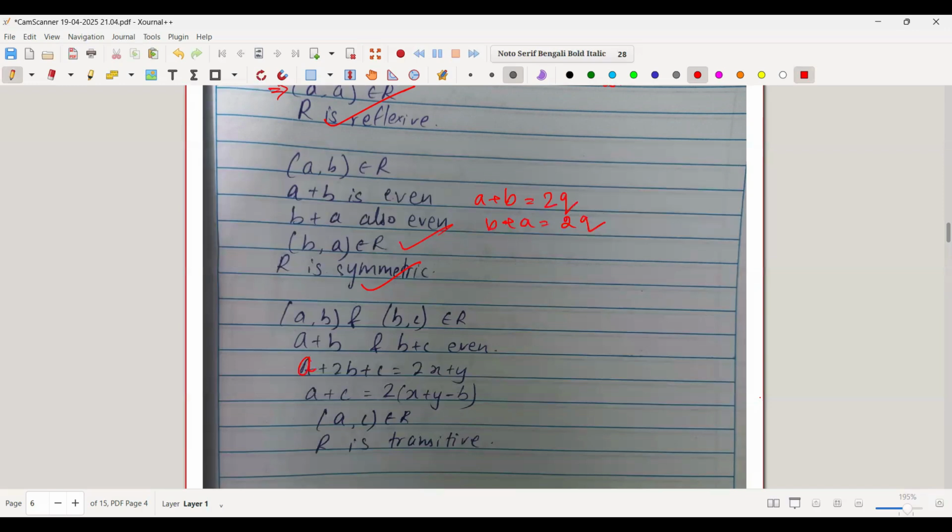So here a plus b equal to 2q and b plus c equal to 2p. Let's suppose 2p. Now we have to show that a plus c is also of this same 2q form.